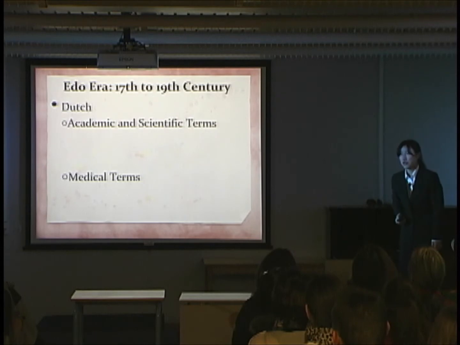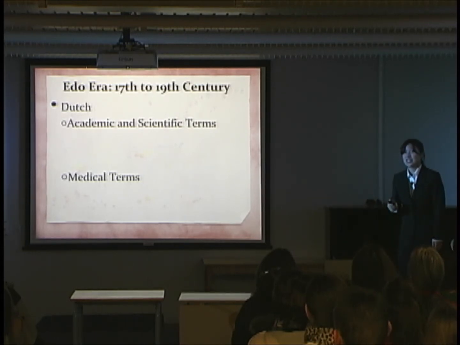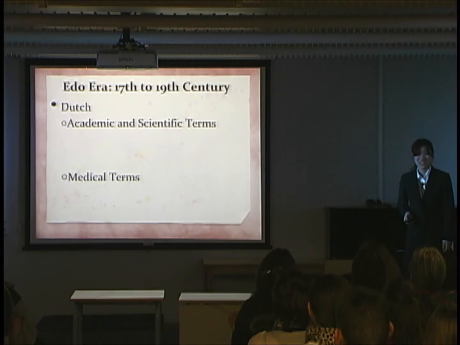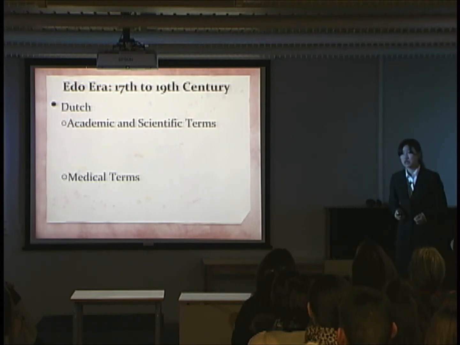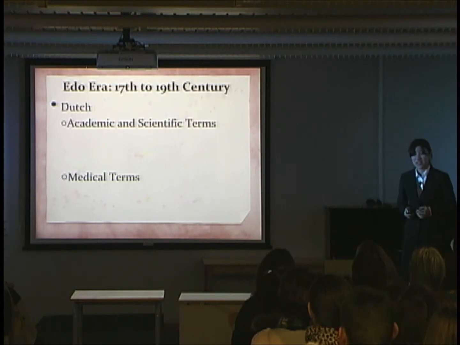The second wave of foreign loanwords into Japan was when Japan closed the country to foreigners except the Dutch. The Dutch were the only trade partner with Japan for 200 years. We borrowed not only the names of things, but also academic and scientific words.